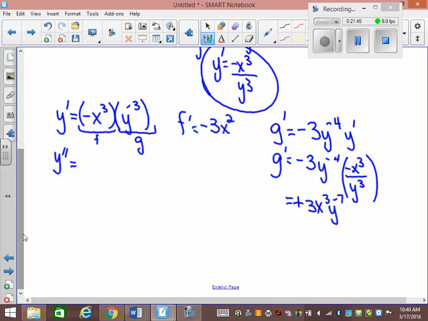Only quotient rule really matters. So g, y to the negative 3 times f prime, which is negative 3x squared, plus f, negative x cubed, times g prime, which is 3x cubed y to the negative 7.